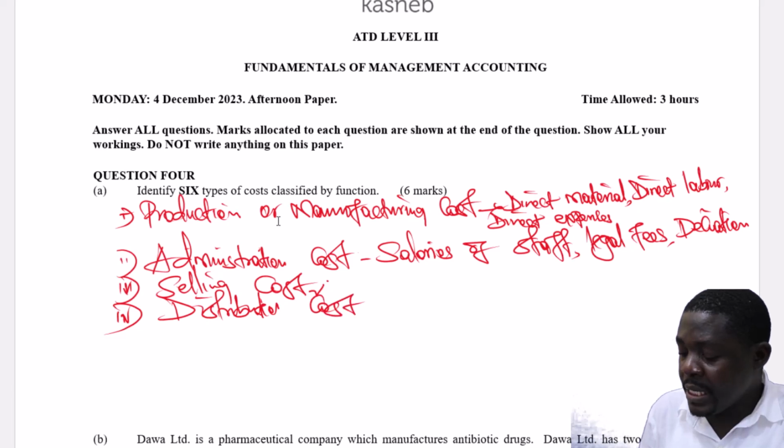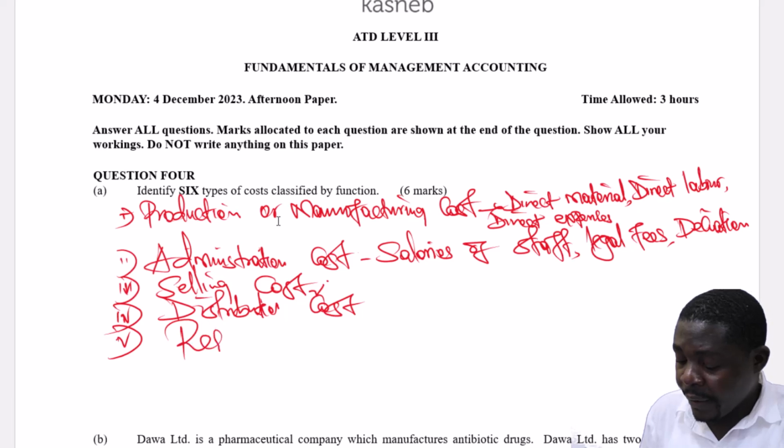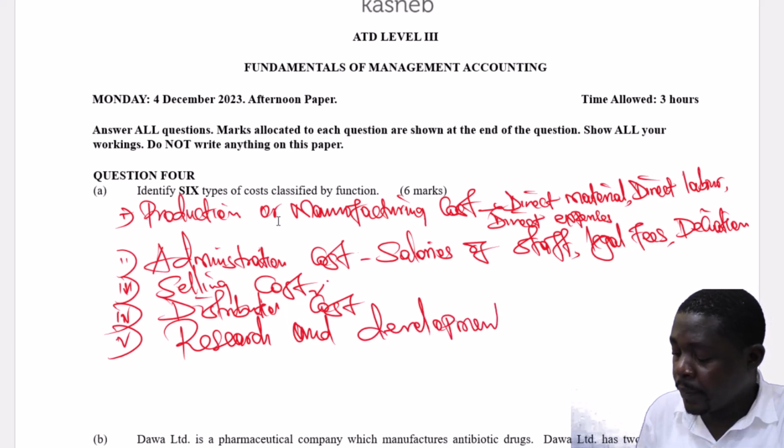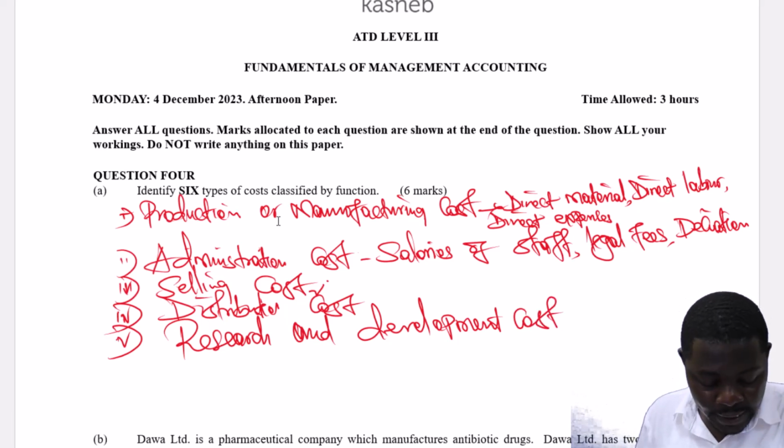Now mostly they shall combine the selling and distribution to be one. Then we also have the research and development cost. This is the cost incurred in the course of research and development.